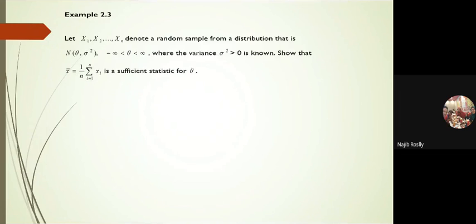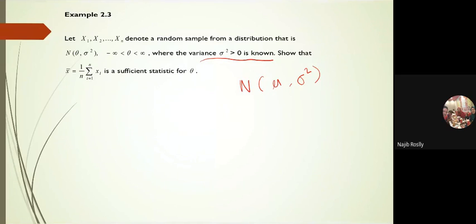This example is based on the normal distribution. The same thing, but we give you the case wherein sigma square is known. For the normal distribution, let's say you have normal mu, sigma square.